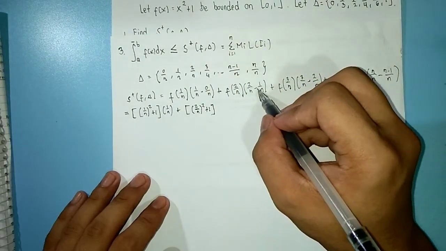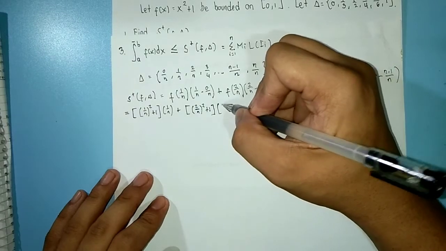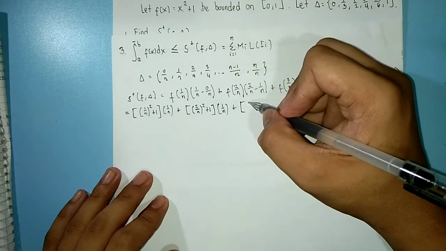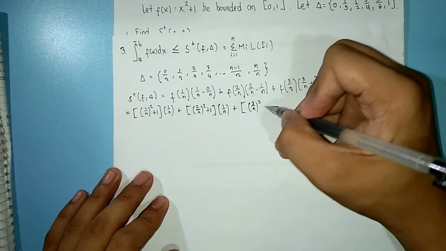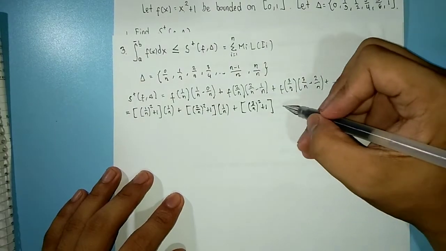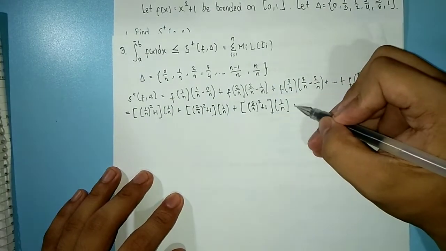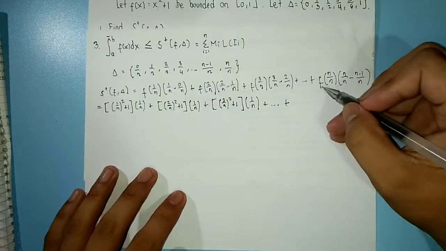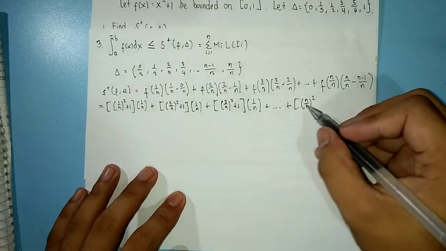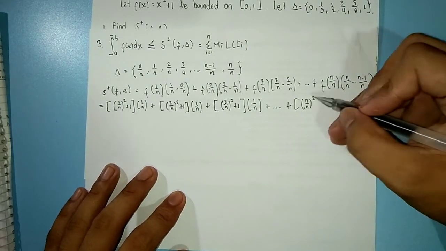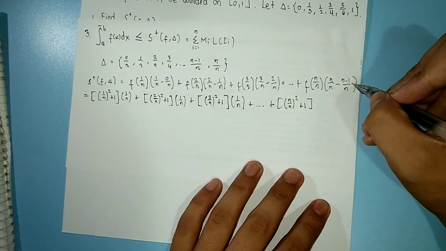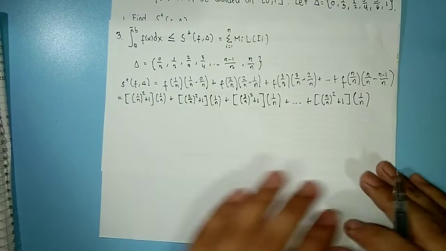Then, 2 over n minus 1 over n, that is 1 over n, plus (3 over n) squared plus 1. Then 3 over n minus 2 over n, that is 1 over n, plus ... plus (n over n) squared, let's leave it, don't make it 1 yet, plus 1. Then n over n minus 1 over n, that is 1 over n. Okay?